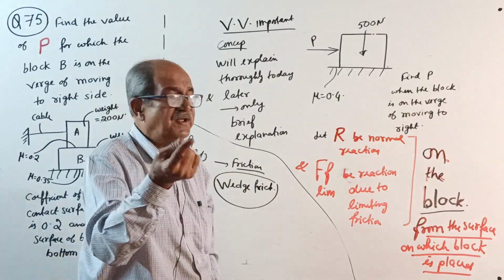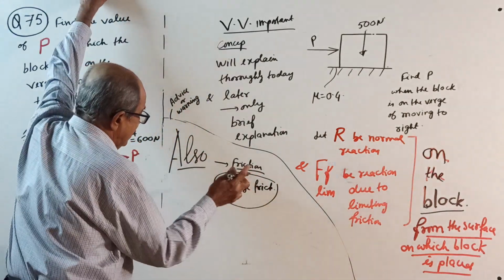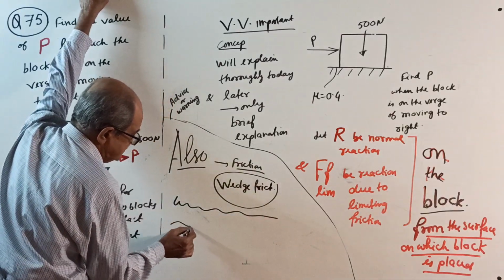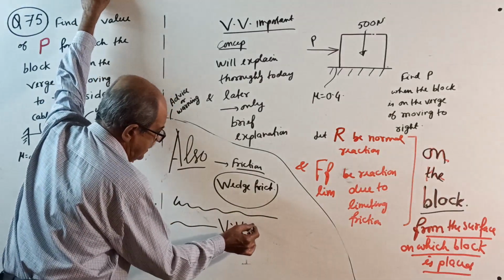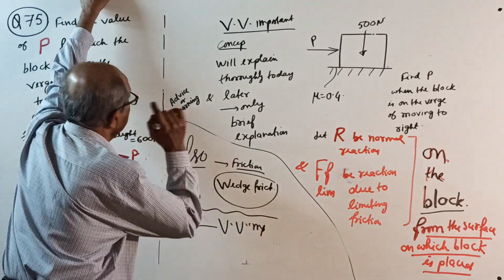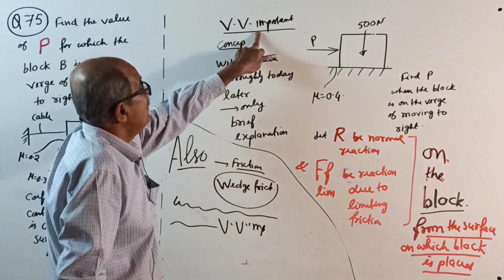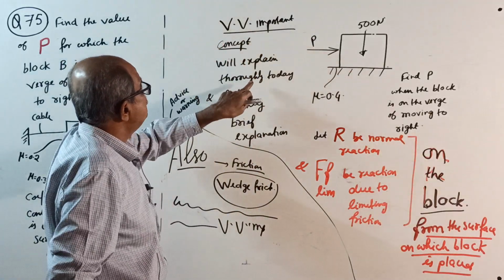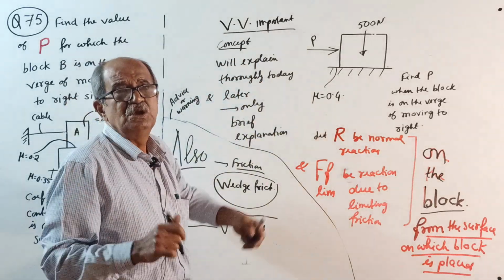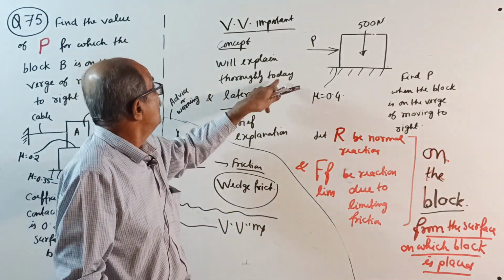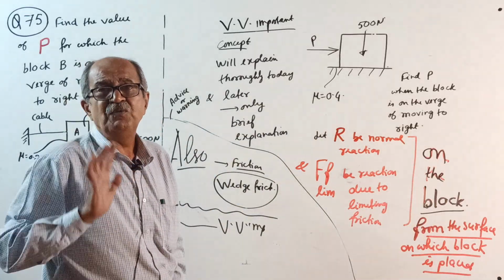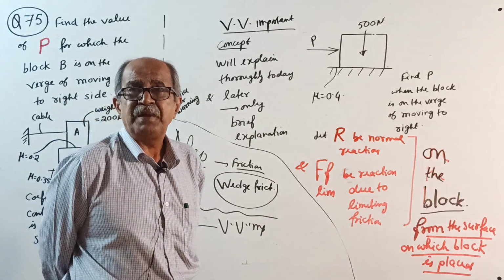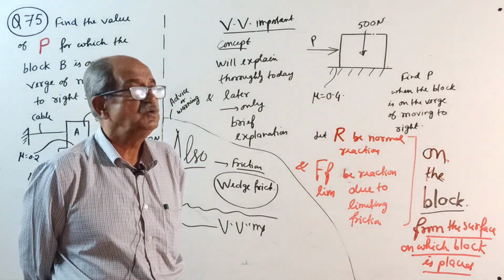What I am going to tell in today's class is a very, very important concept. I will explain it thoroughly today so that you understand. First I will explain from the first principle point of view. Then I will give some practical examples to help you understand.